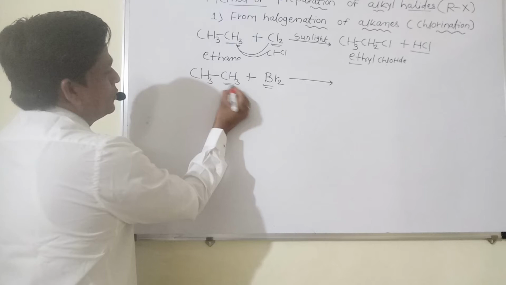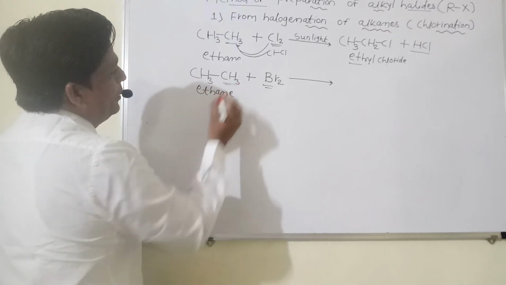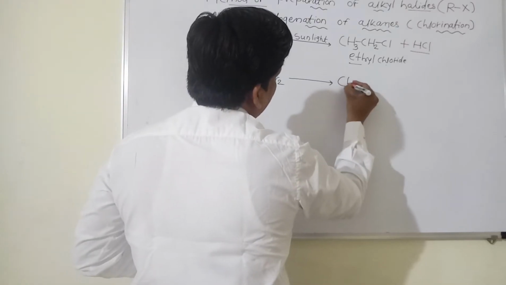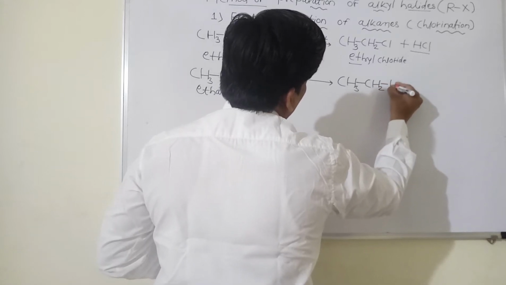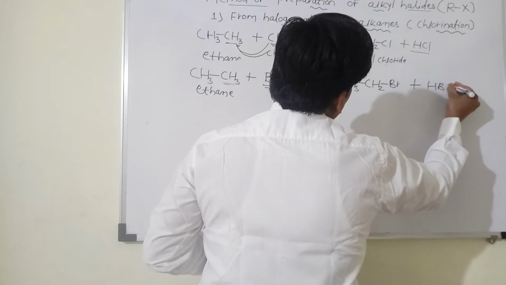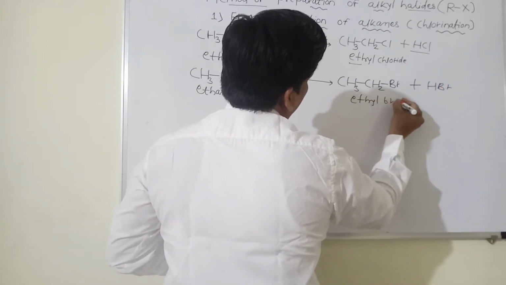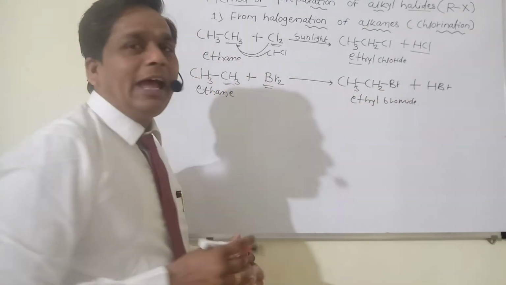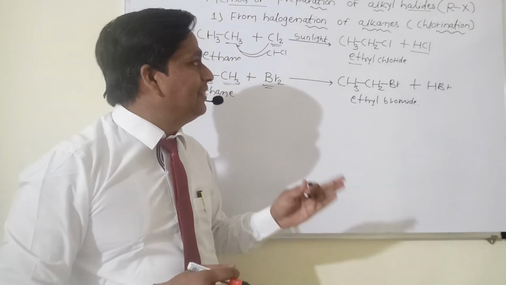Same way, from this ethane one hydrogen atom is replaced by the bromine group, and here we get ethyl bromide, CH3CH2Br, plus HBr as the byproduct. This is the first method. From halogenation of alkane we get the alkyl halides.